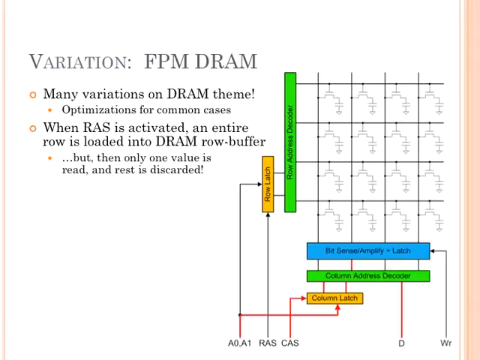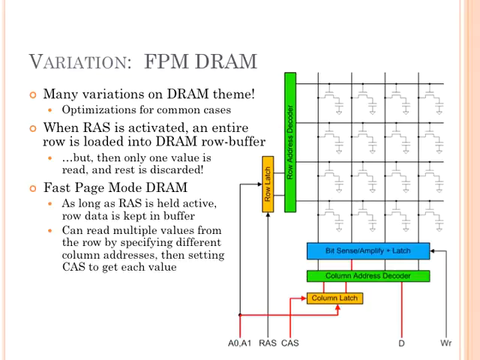And so if we have rows that contain 10 cells or 16 cells or something like that, if I activate all those things, I'm turning on all 16 of those cells, and all 16 cells go down into my latch. So if all those things are latched, why would I read just one of those and then throw away the rest of my work? That seems like a waste. And so this is a pretty common optimization because it's very, very useful. Most programs access things in sequence, so why not take advantage of it?